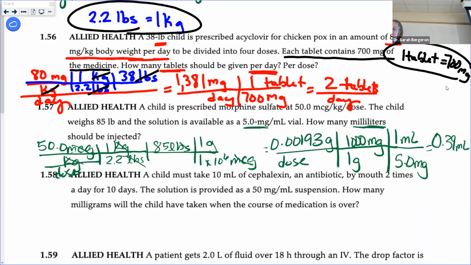Okay, now, how many tablets should be given per dose? I need another equivalent relationship. Read the problem. What's my other equivalent relationship? 4 doses is equal to what?